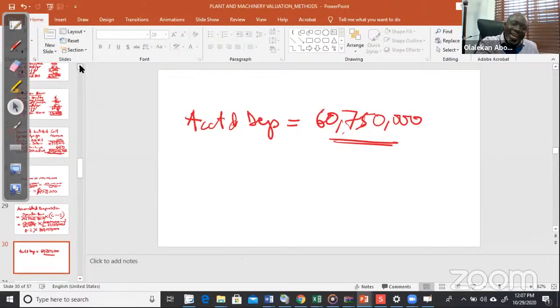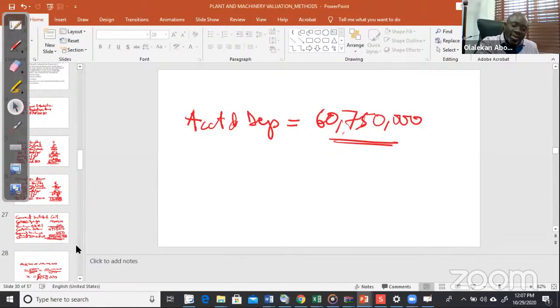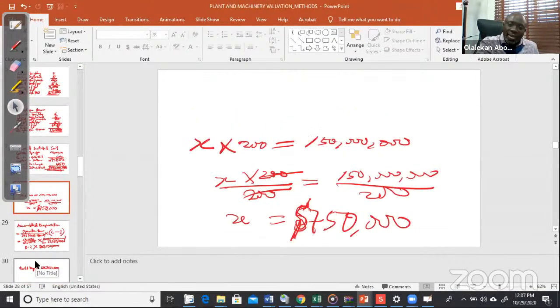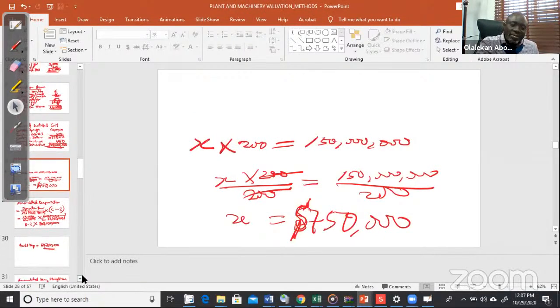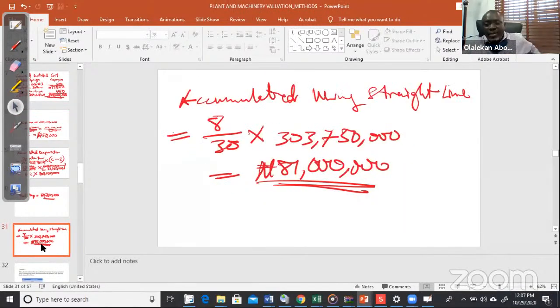Where is my straight line? Okay, this is the straight line method. Check the one that is 8 hours for the operational hours. You see, you get the same thing. That's what I want you to appreciate there.